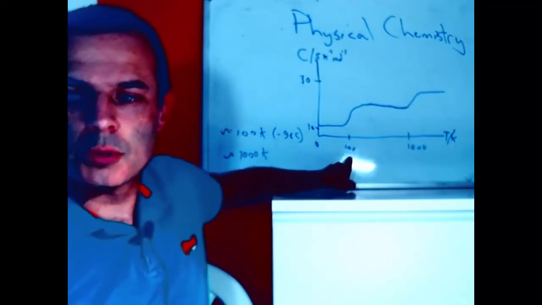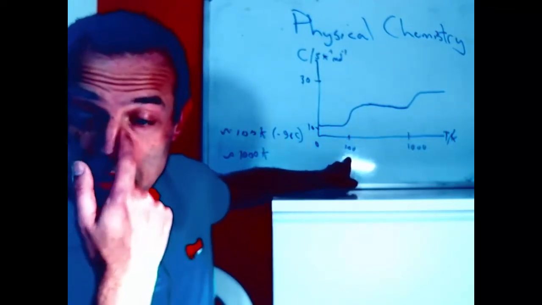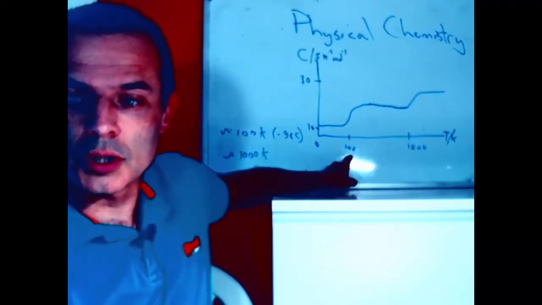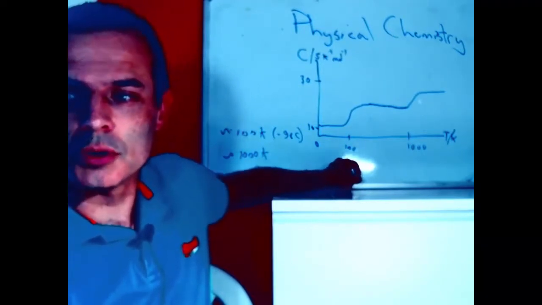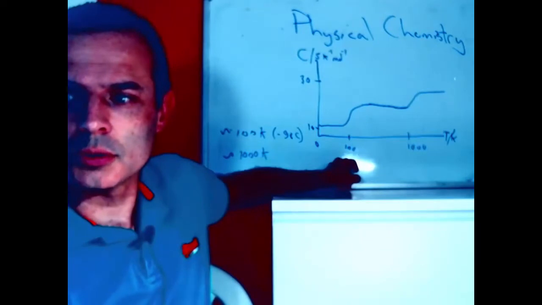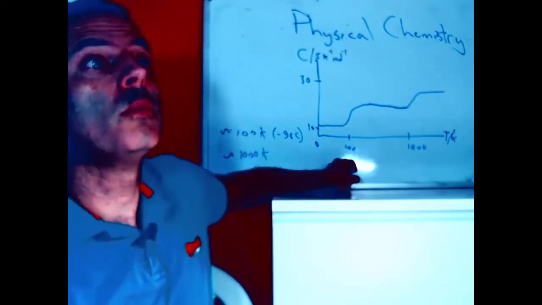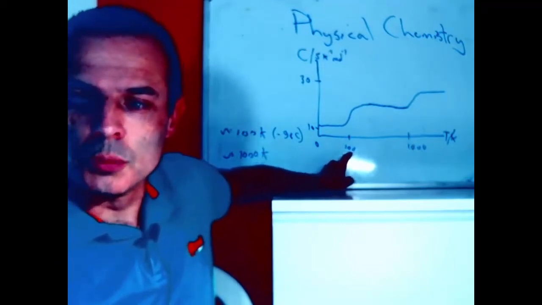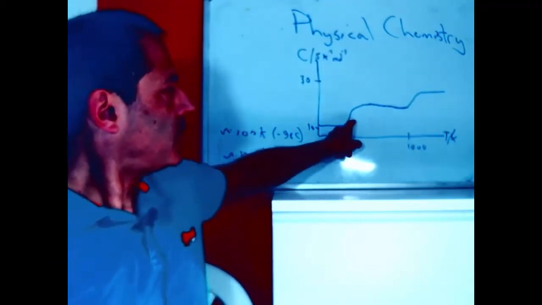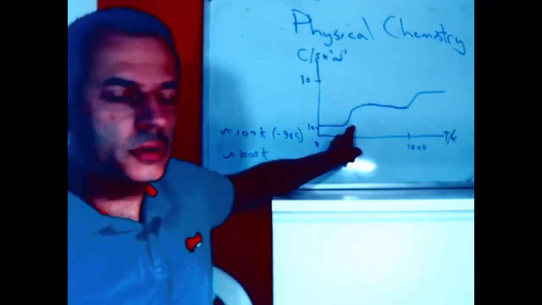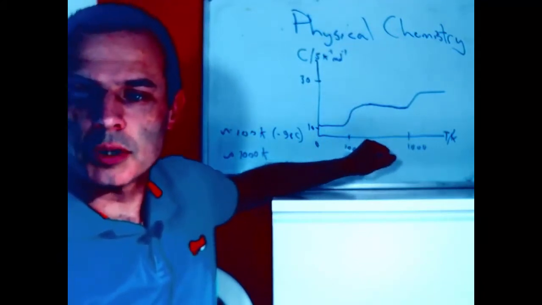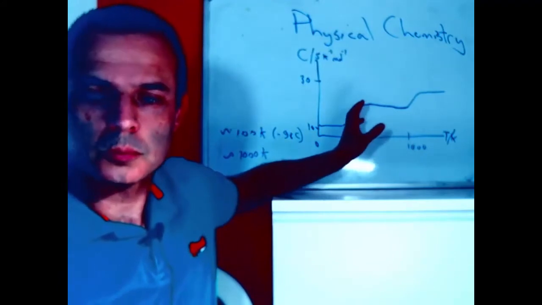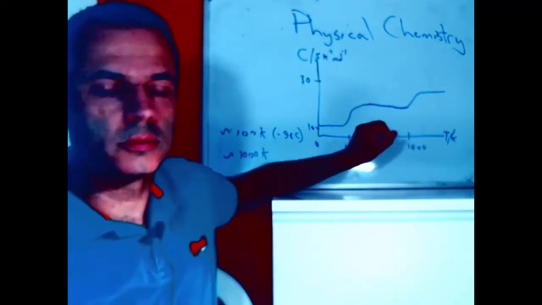When we reach this temperature, which is about 100 Kelvin, which is not that cold, it's close to the temperature of liquid nitrogen. It's close to the temperature of an industrial freezer. So it's a reachable normal temperature. Above that temperature, the heat capacity goes up. It takes more heat to heat up my molecule by the same amount.